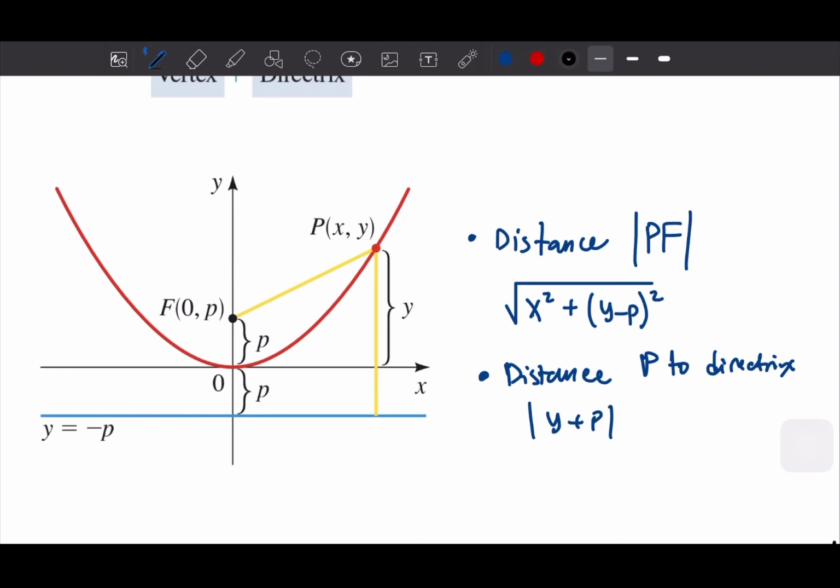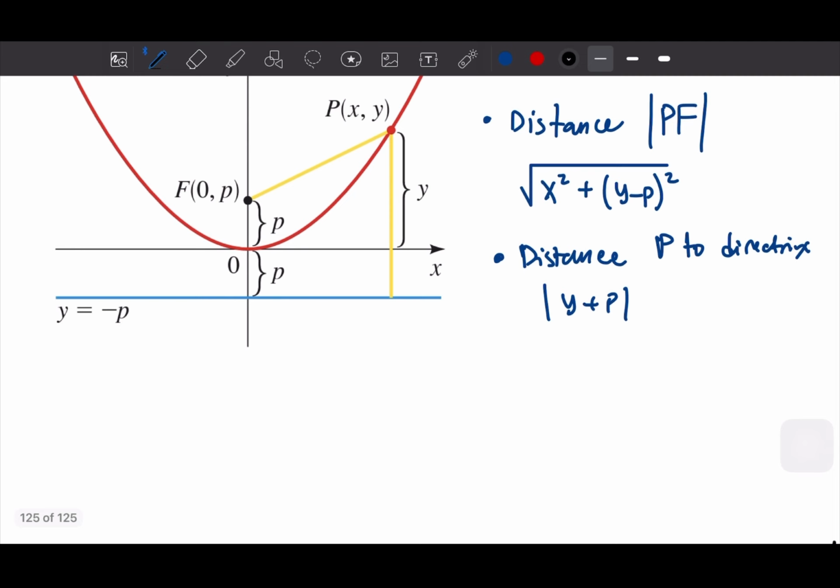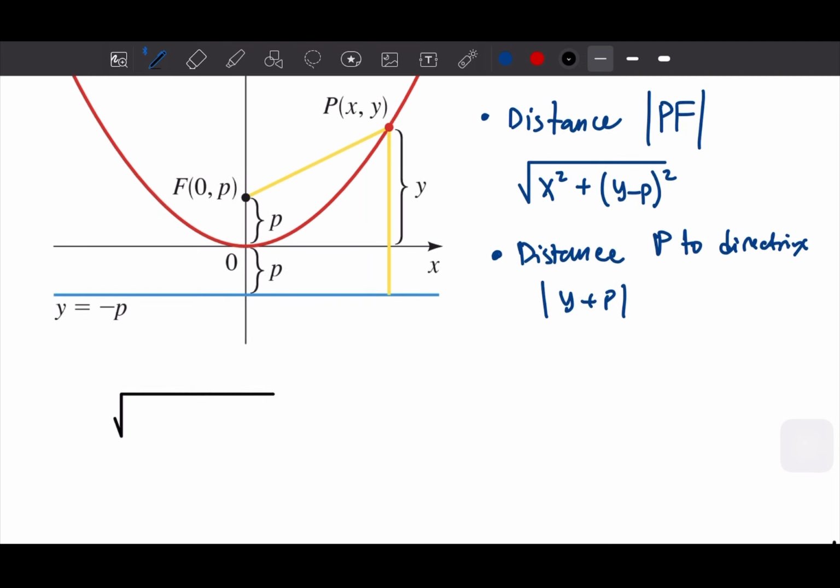Okay, by the definition, these distances should be the same. Then we could prove this formula by squaring both sides.